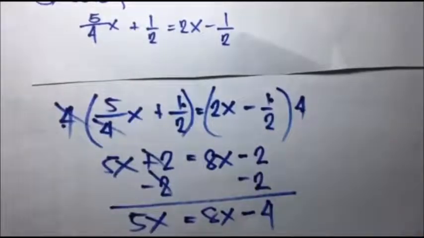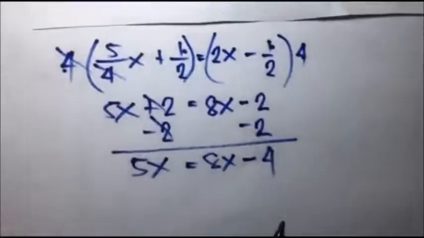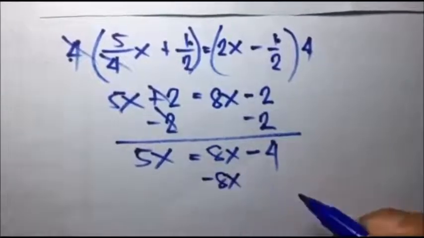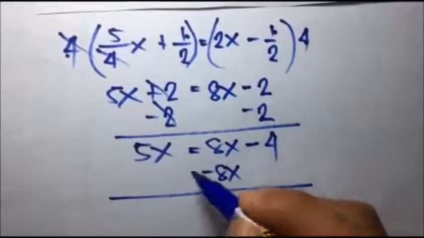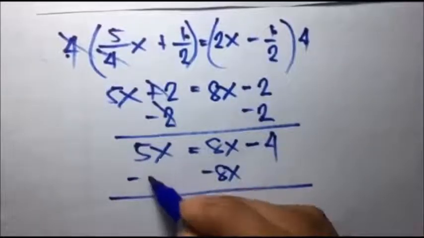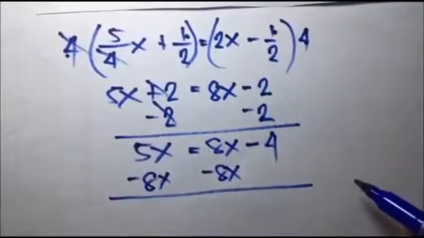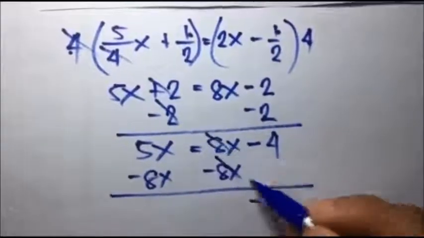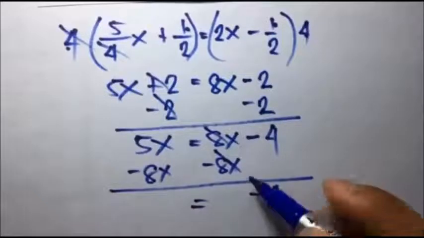Because we are going to get all x terms on one side, we need to subtract 8x on both sides. Bring down negative 4. Cancel, that is 0.